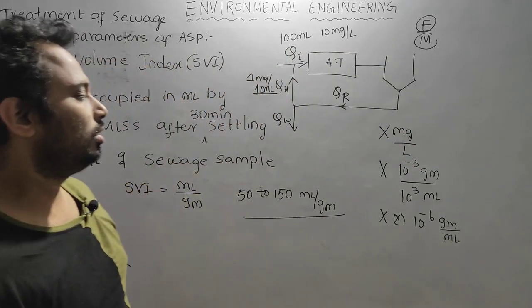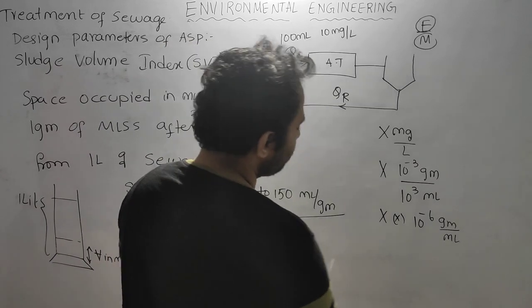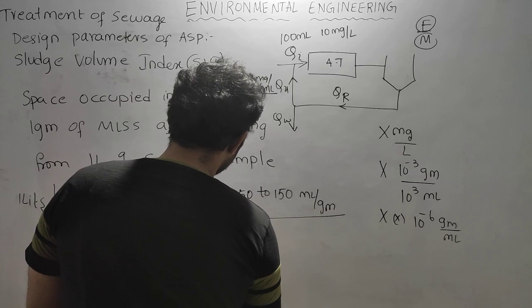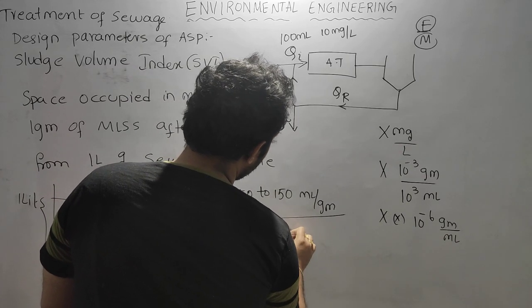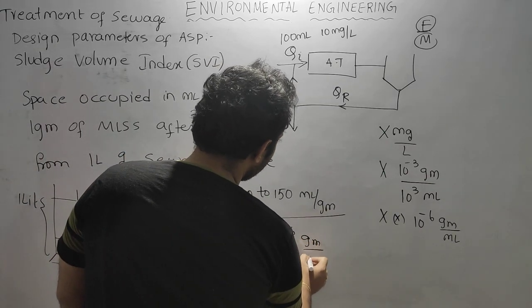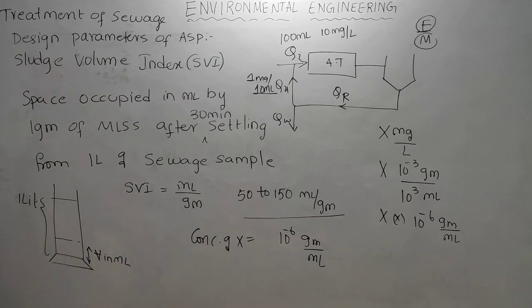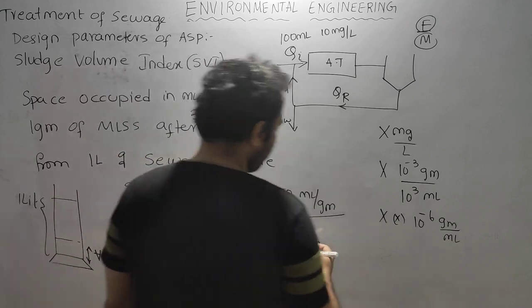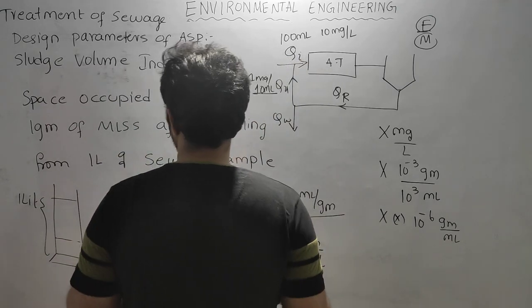This is the concentration of X. If I am taking it as a unit, it is 10 to the power of minus 6 gram per ml. Now if you look at this, this is nothing but 10 to the power of 6 by SVI. If I invert this, that means ml per gram. So that is nothing but what?